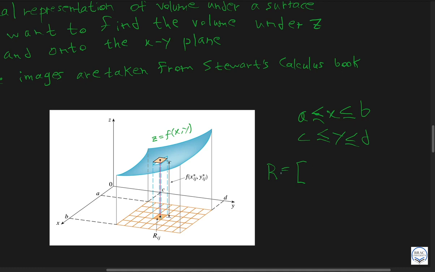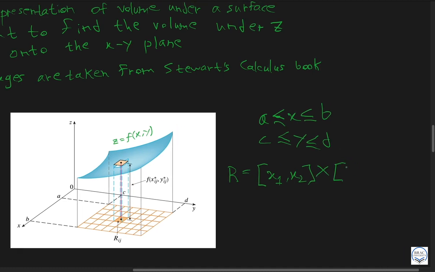And to write them in a more convenient way, we often use the interval notation and label our region as R. So in the interval notation, what we do is write the first x point, then the second x point. So this describes only the interval in the x-axis, and we write a cross, and then we write the second interval in the y-axis, the first y point, the second y point.